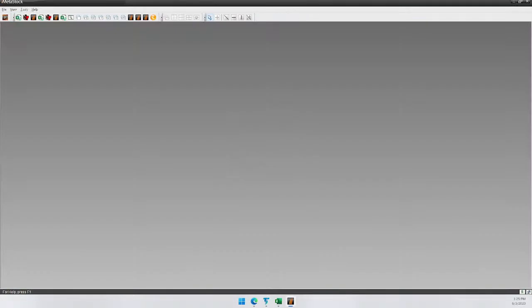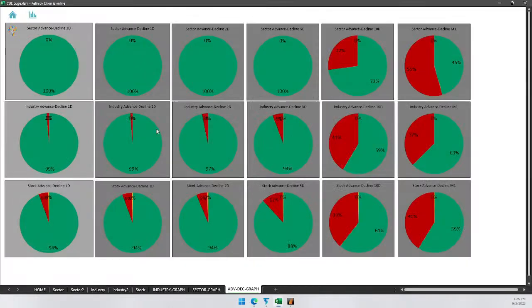What about the sector industry stock breadth that we see in Q edge? If you remember, this was mostly red in the last market recap, if I remember correctly. And now, other than the 1 month period, where the sectors are still bearish, but even there, I see the industries and stocks advance decline breadth has already turned bullish.